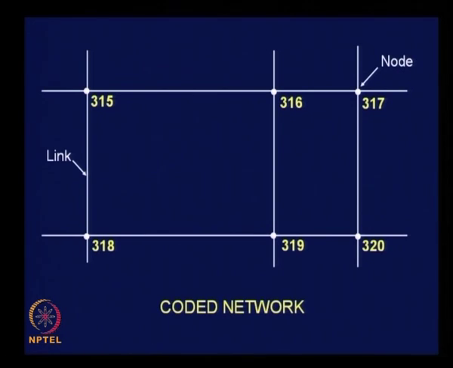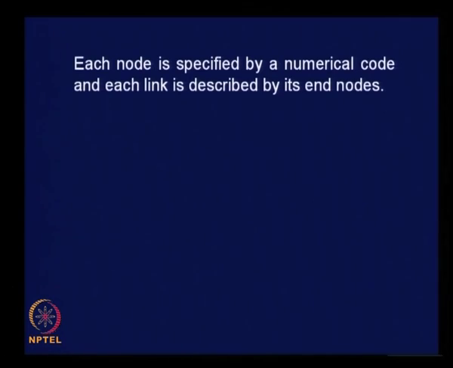So that is the advantage of giving node numbers and then expressing nodes and links using these numbers. And each node, as we know, is specified by a numerical code, and each link is described by its end nodes, 315, 316 as I told you.